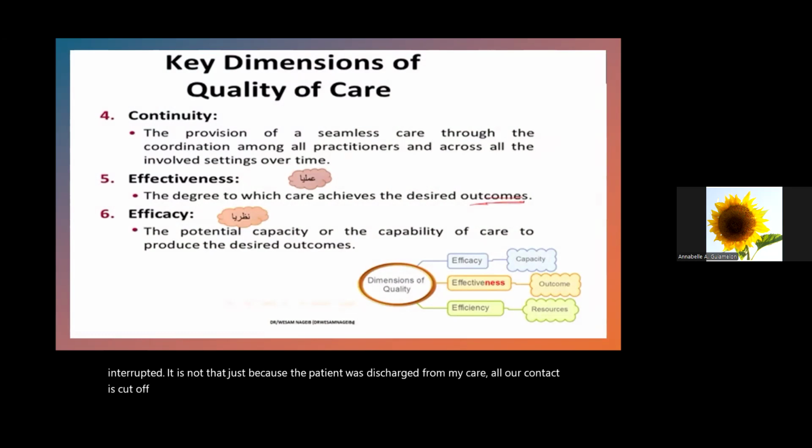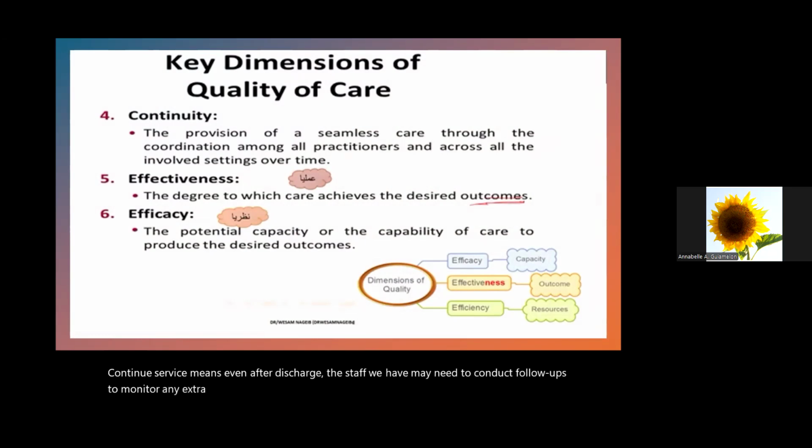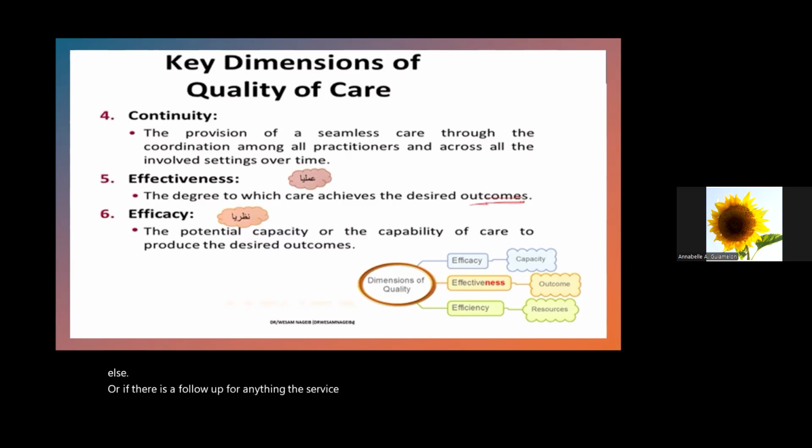No. Continuous service means even after discharge, the staff we have may need to conduct follow-ups to monitor any X-ray results or if they need to perform any lab investigations or anything else. Or if there is a follow-up for anything, the service should remain continuous.